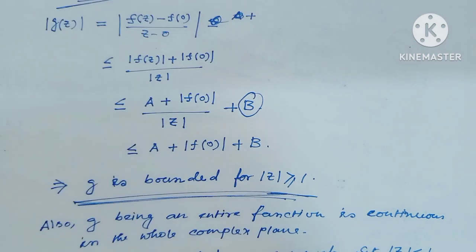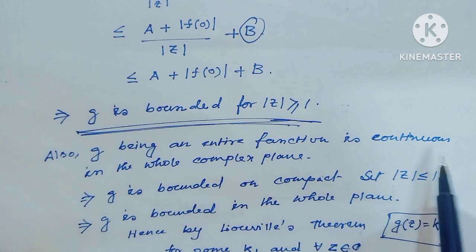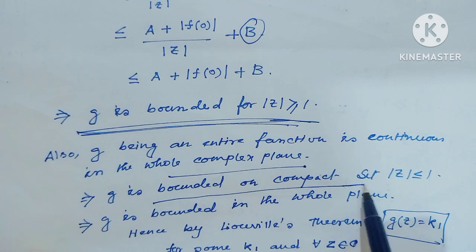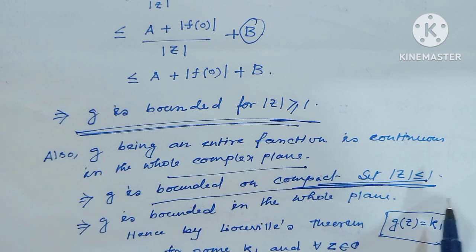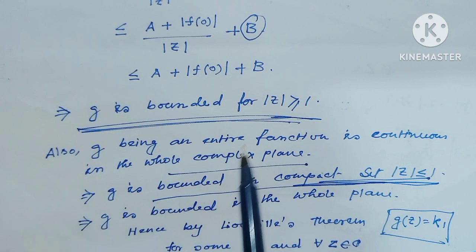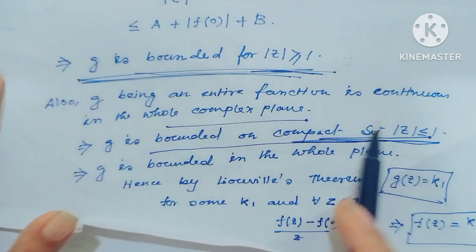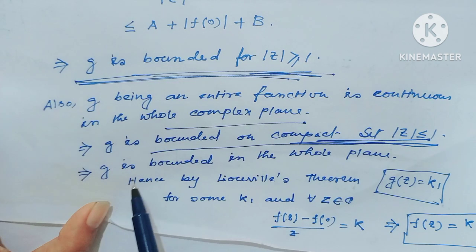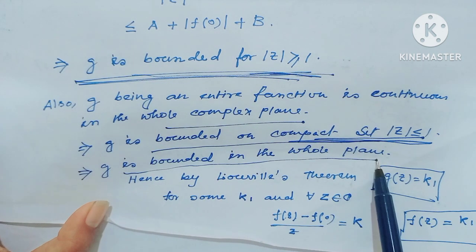Since g is entire, that means g is continuous in the whole complex plane. G is bounded on this compact set, and also I have got g is bounded in this set mod z greater than or equal to 1. So that implies G is bounded in the whole plane.